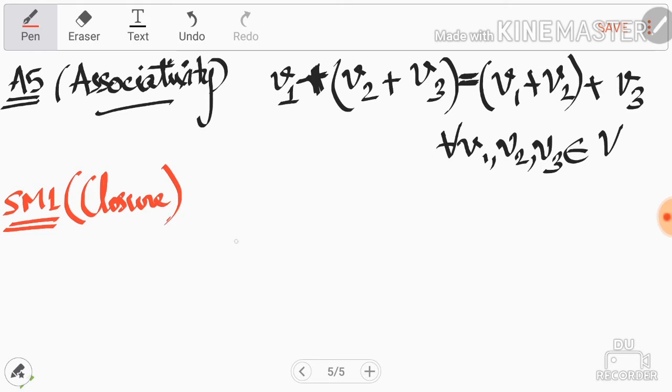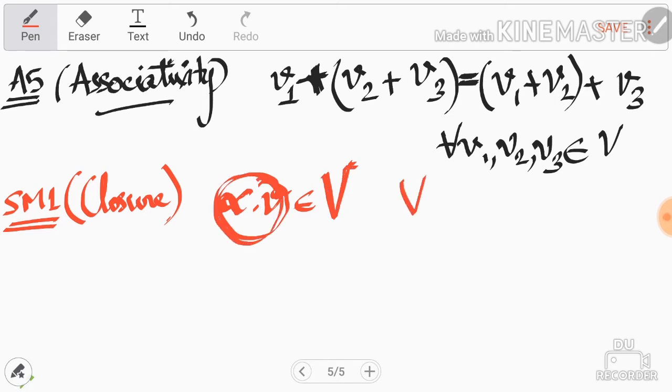And this would simply mean that you take any vector, multiply it with a scalar, you'll always get another vector in the space V. You take any element in the set V, you scalar multiply it with any number alpha, you get another vector, another element in the set V. This is true for every scalar belonging to the set of real numbers, and for every vector V belonging to V. That's scalar multiplication.